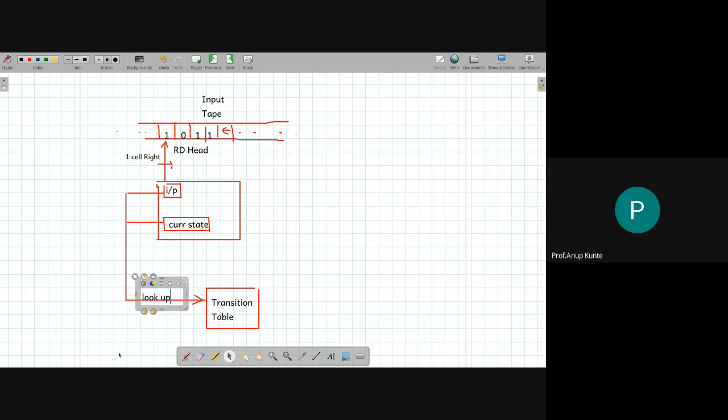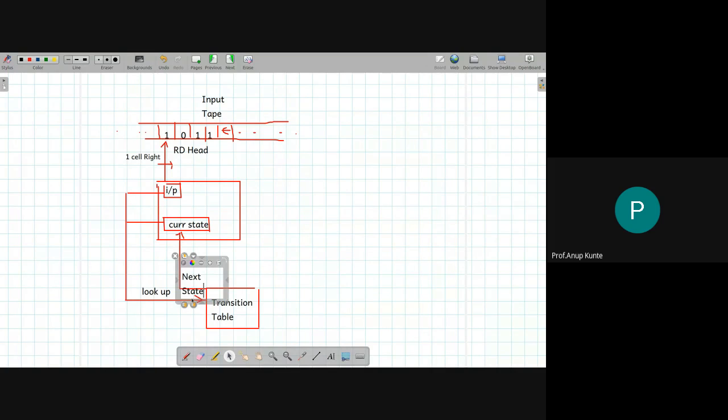You must have heard of a dictionary: you take keywords and look them up, the lookup gives you an answer, and that answer is taken back and stored over here. So what is the answer? The answer to the lookup is the next state.